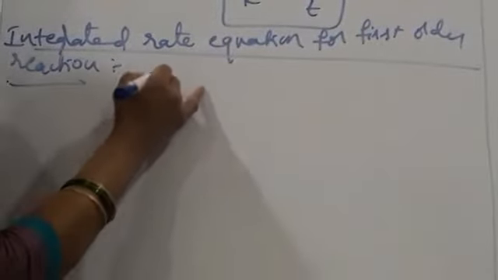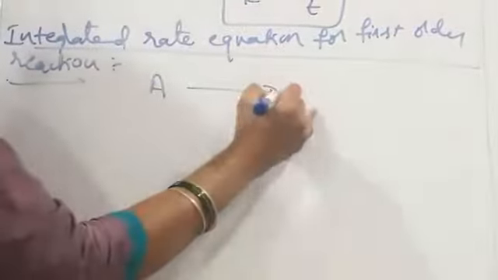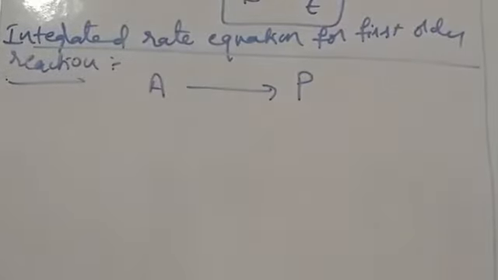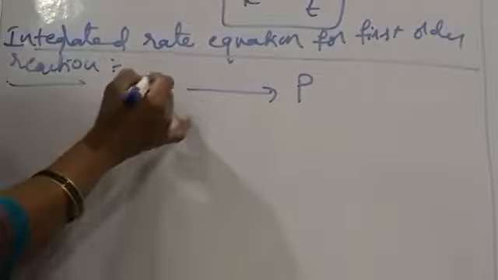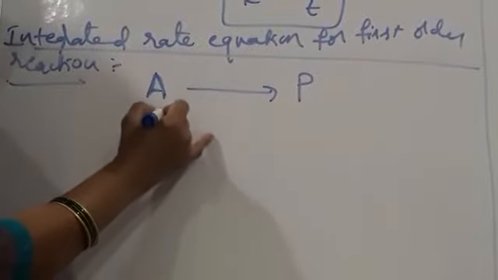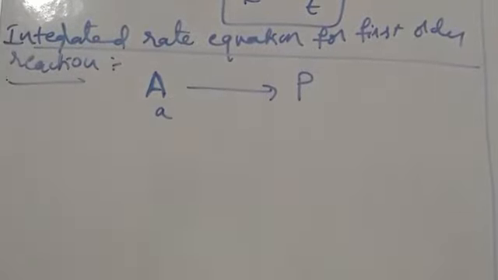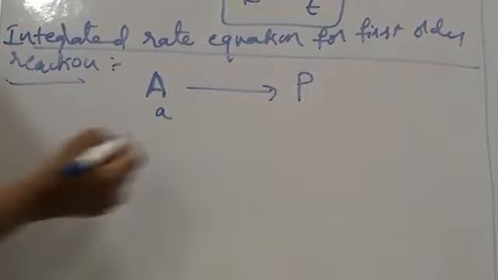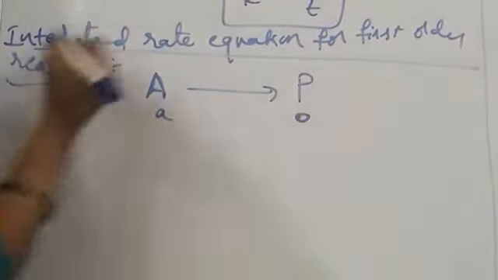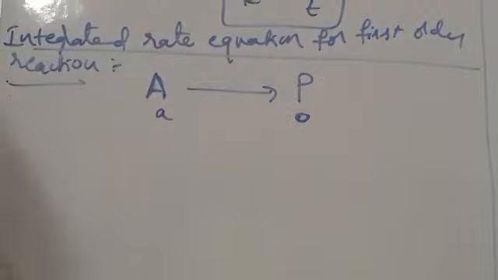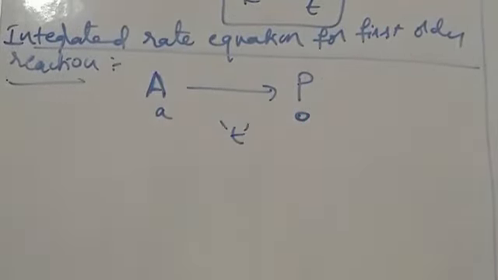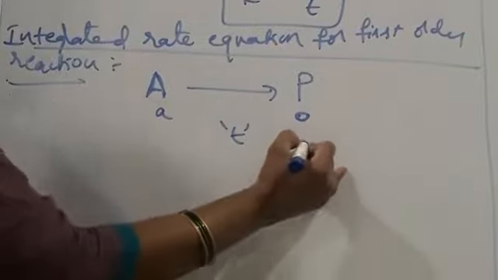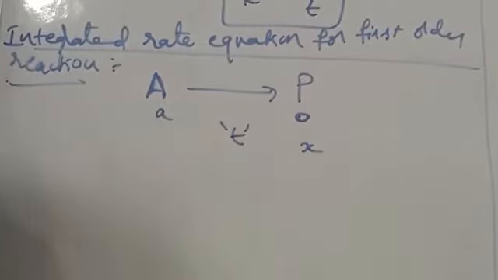For example, if we consider a reaction, A gives products. Initial concentration of A reactants is small a. Okay. And concentration of products is 0. After time t, okay, we get x moles of products.